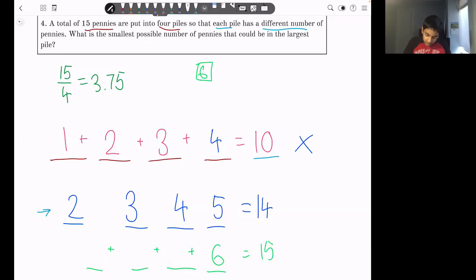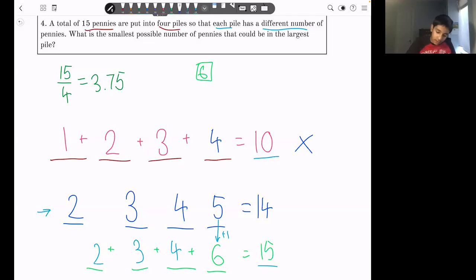So if we make this a 6, then we can keep all the other values the same. We can keep them 4, 3, 2. And now it's going to be 15 because we just increased this by 1 by making it a 6 instead. Those are the other ways I showed earlier. There are actually several other ways, but I won't show them.